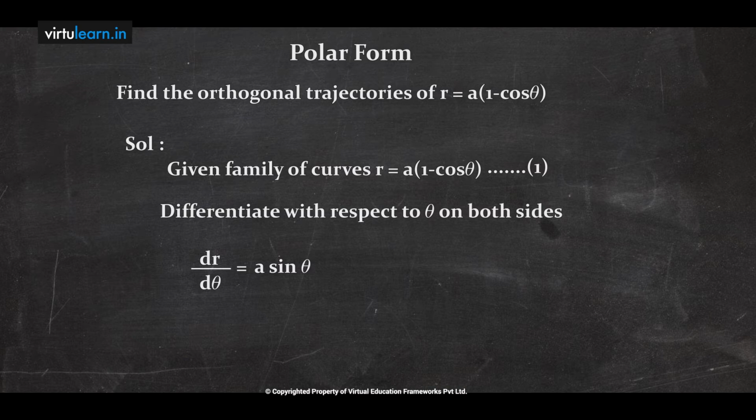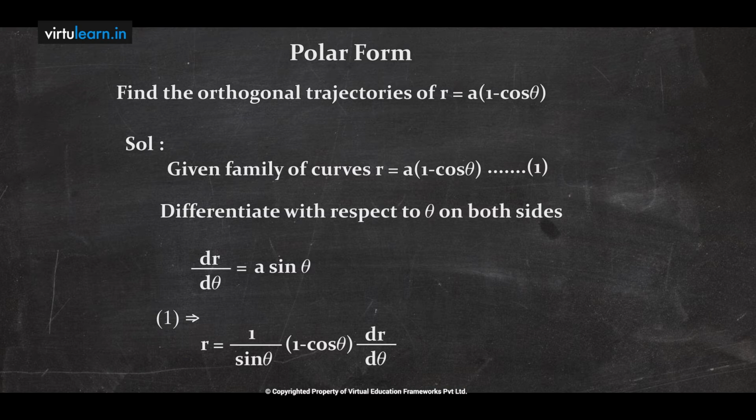Then substitute this a value in equation number 1, and like that we can eliminate a. r equal to 1 by sin theta into 1 minus cos theta into dr by d theta. I am rewriting this equation: r equal to 1 minus cos theta by sin theta dr by d theta. After eliminating the arbitrary constant a, I got this differential equation.